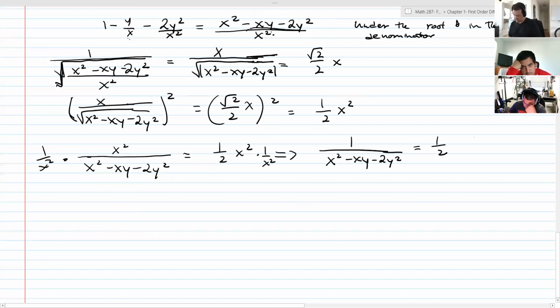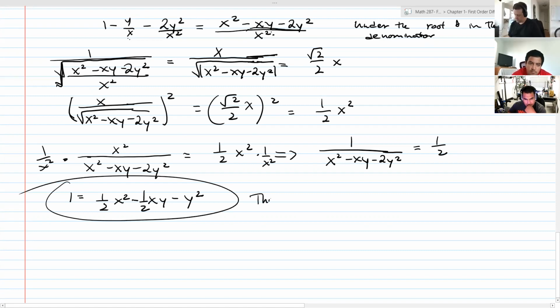And so now I'll multiply both sides by the denominator there. I get 1 equals 1/2 x squared minus 1/2 xy minus y squared. Okay. I think that's probably good enough. This works.